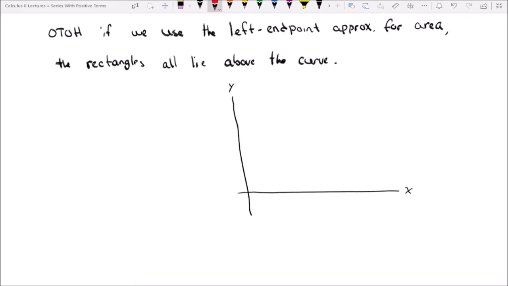So let's try and mimic the curve from above. Close enough.